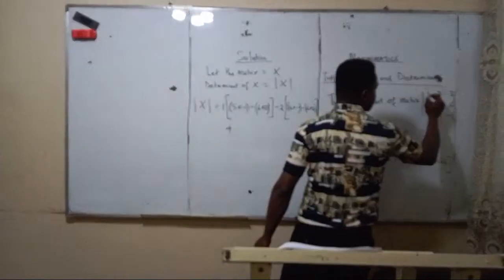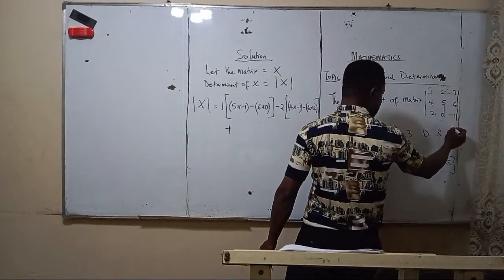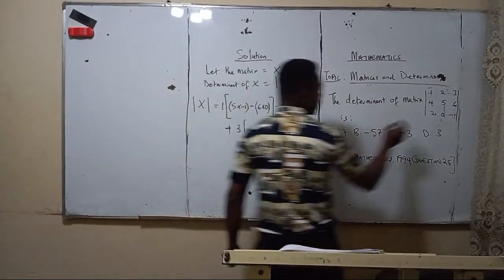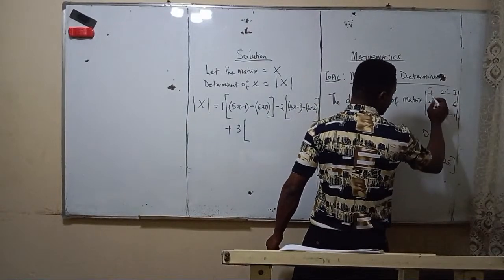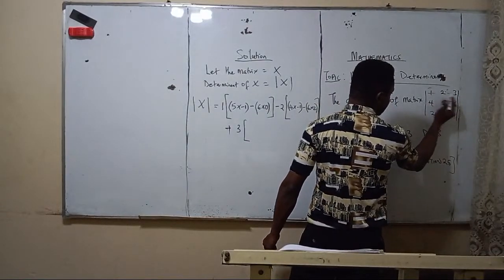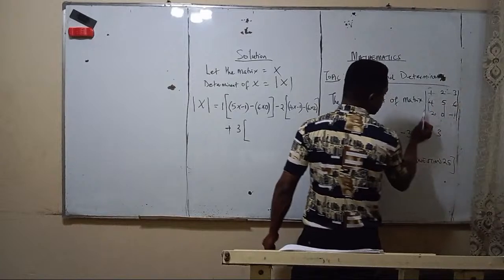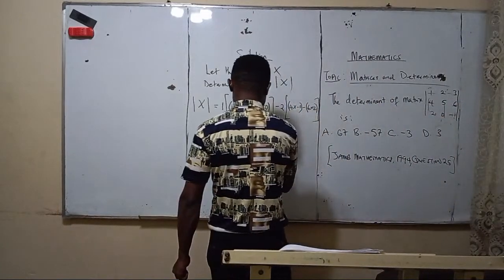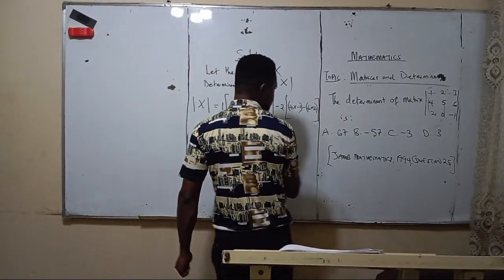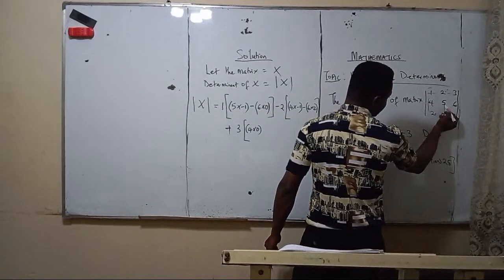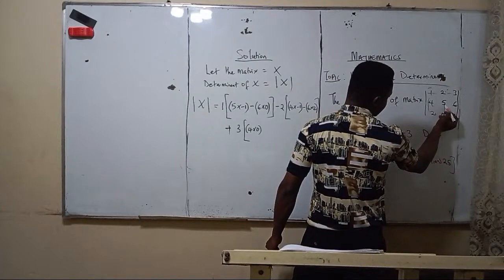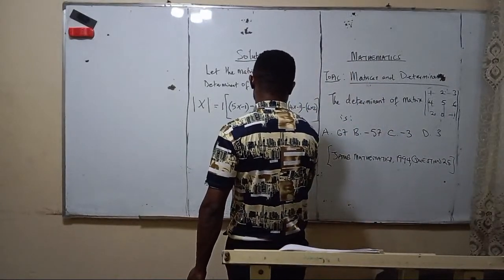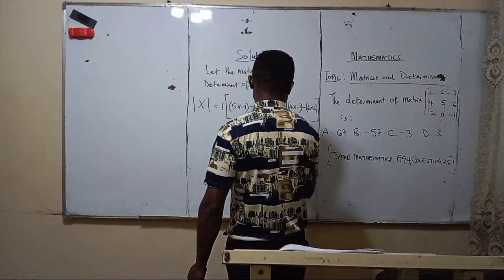We pin this side, this row, this column, to bring out this 3 outside the bracket. We fix here, this side is free. So we now do 4 times 0, minus 5 times 2. We close it.